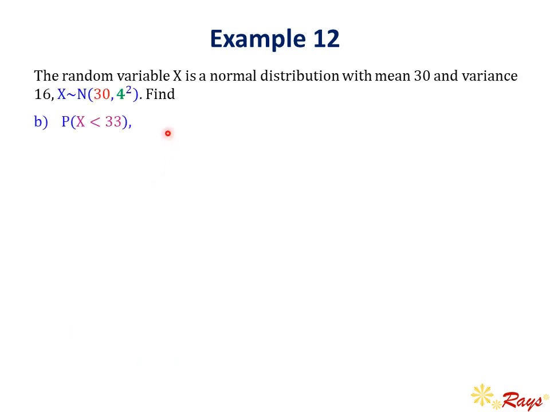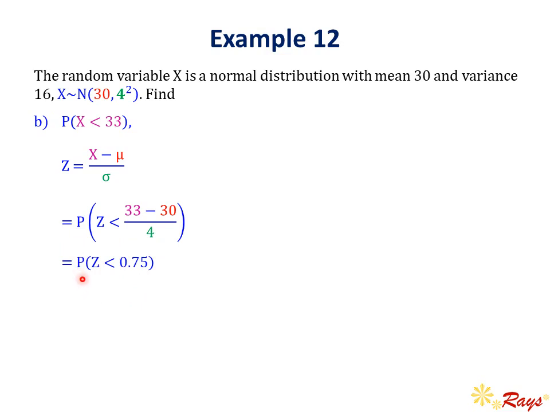B. Find the probability of X lesser than 33. So we need to convert this into standard normal distribution using this formula. After substituting all the values, this is the question in standard normal distribution, which is asking us to find probability of Z lesser than 0.75. Observe that Z is lesser than a positive value.